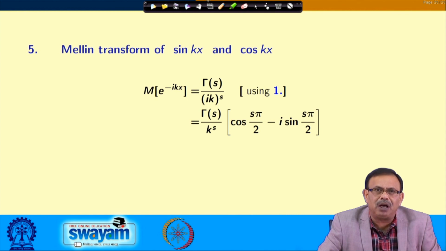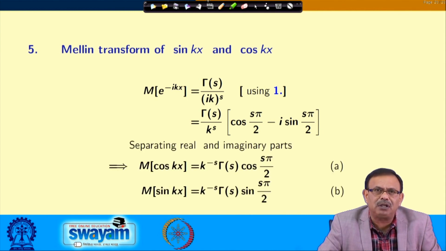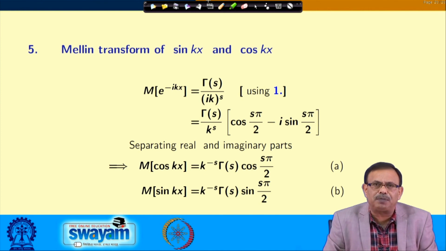Again I can change it in the form of cos and sin, and if I equate the real and imaginary parts, I will obtain the Mellin transform of cos kx as k to the power minus s gamma s cos s pi by 2, whereas the Mellin transform of sin kx equals k to the power minus s gamma s sin s pi by 2.